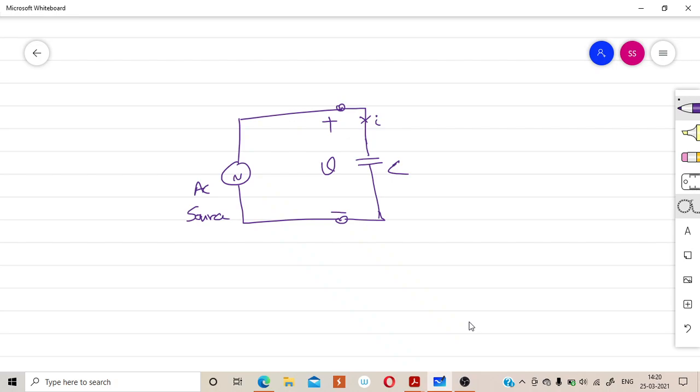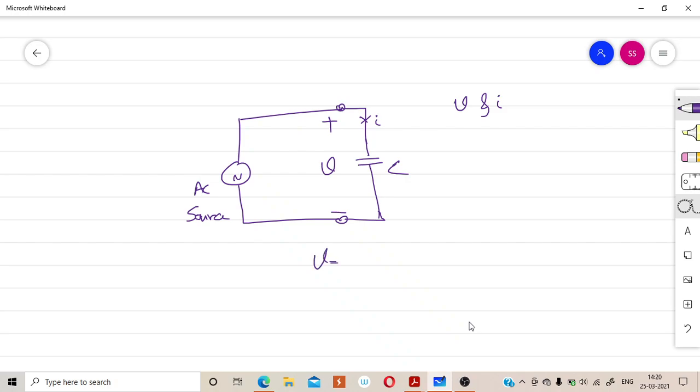So we have to find out the phasor relation and other characteristics between V and I. So consider this circuit, in which the sinusoidal AC voltage source has a waveform function like this.